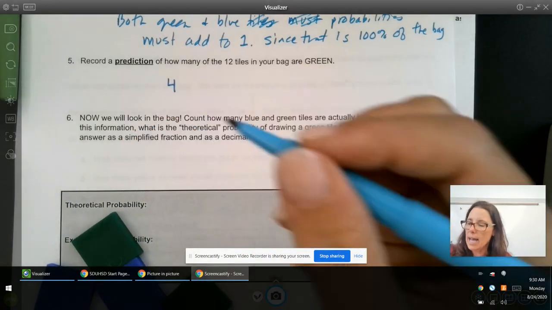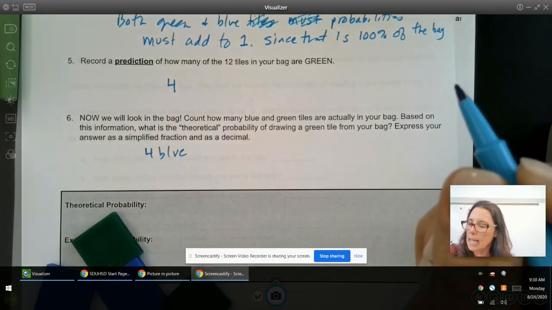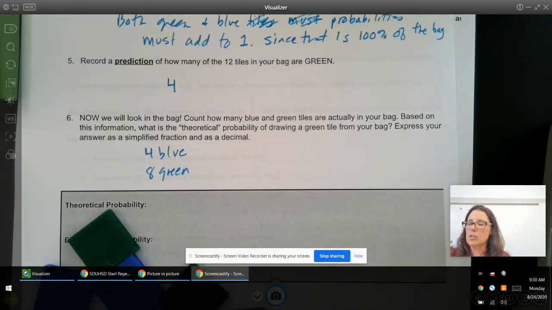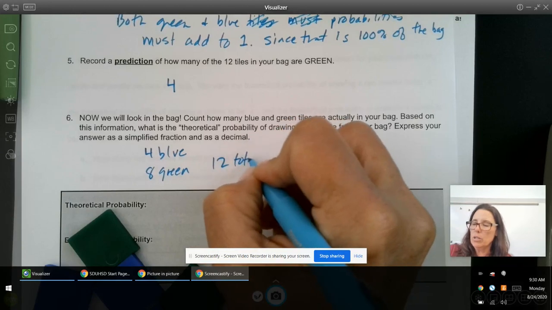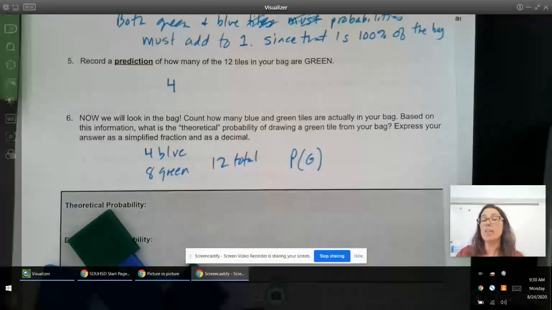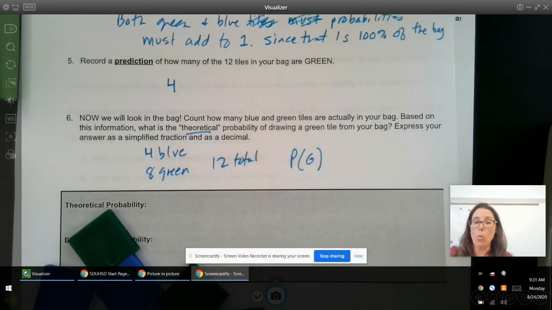I have 4 blue and I have 8 green. 12 total. Now the theoretical probability of getting a green is what actually is in the bag.